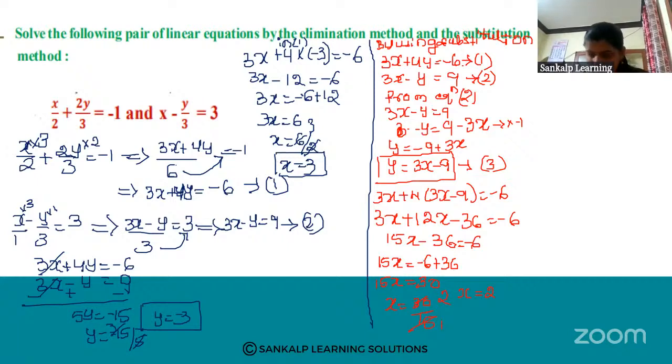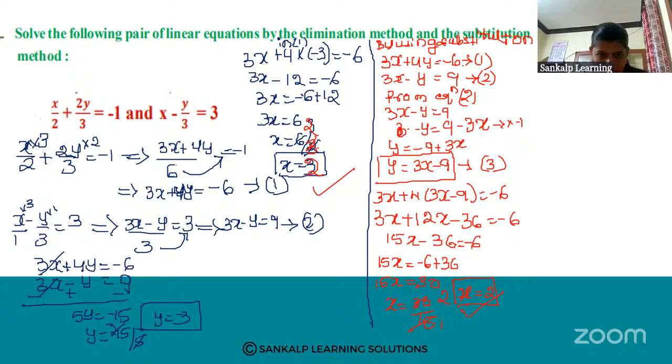Okay, 3 ones are 3, twos are 6. Therefore, x is equal to 2. So, in elimination method also x is equal to 2, in substitution method also x is equal to 2.